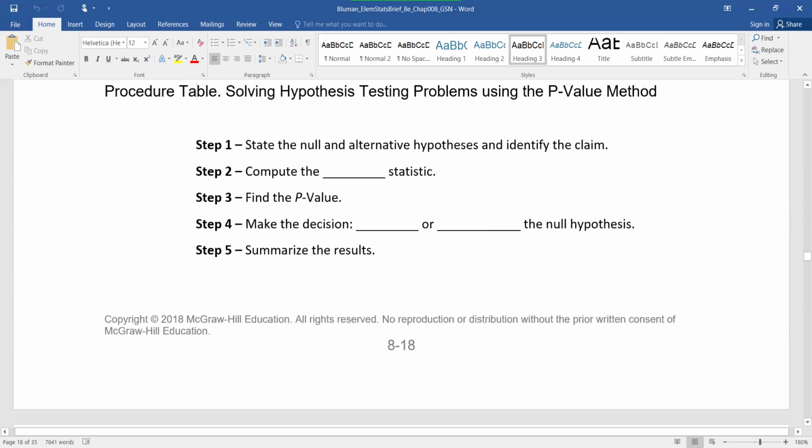So, the procedure for solving hypothesis testing problems using the p-value method. Step 1, just like always, we state the null and alternative hypotheses and identify which one we're claiming. Step 2, we compute the test statistic.